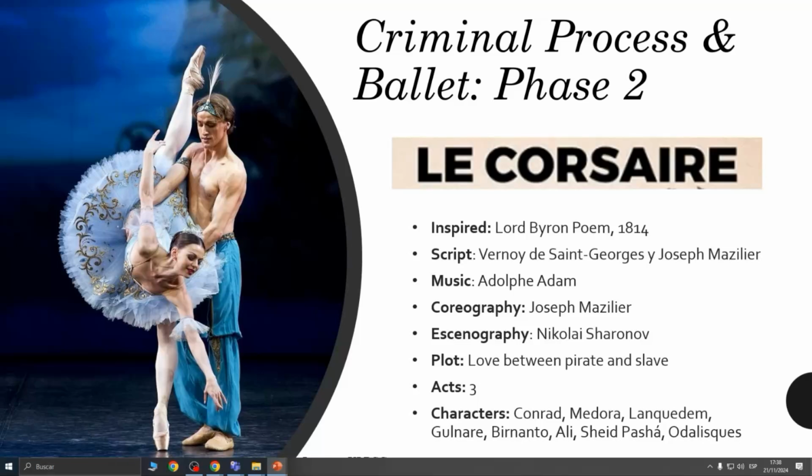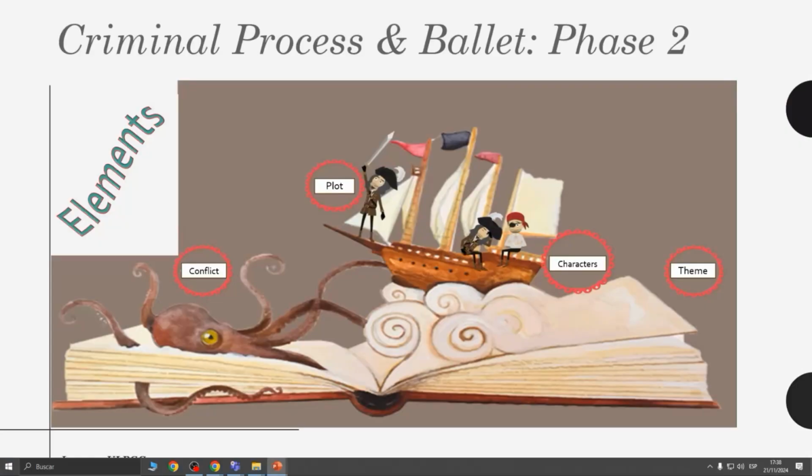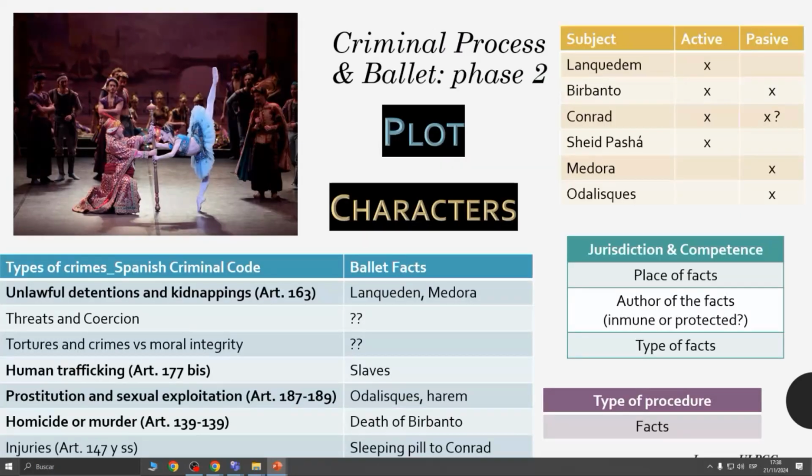If we try to apply here the basic elements of storytelling, there are 4, and we can see the 4 elements: the characters, the plot, the conflict, and the theme or message that we want to transmit. Depending on the innovative activity, using the plot and the characters is possible, for example, to analyze the role of the subject of the case.